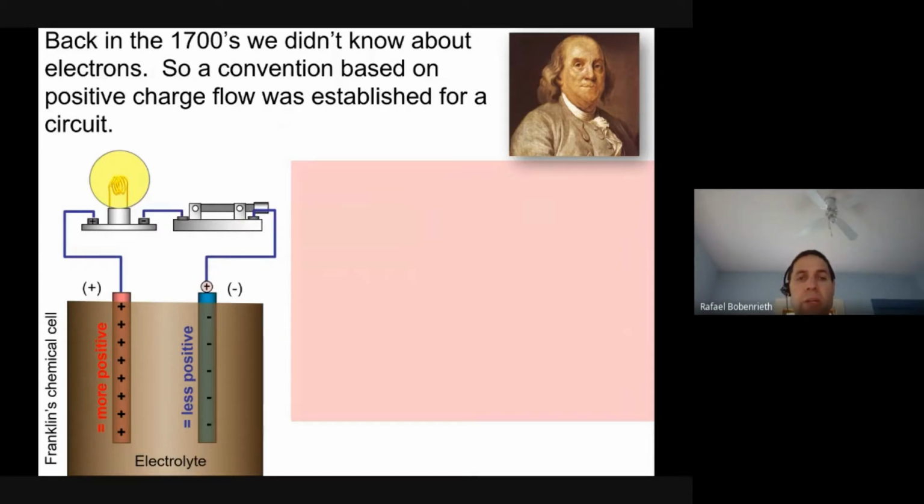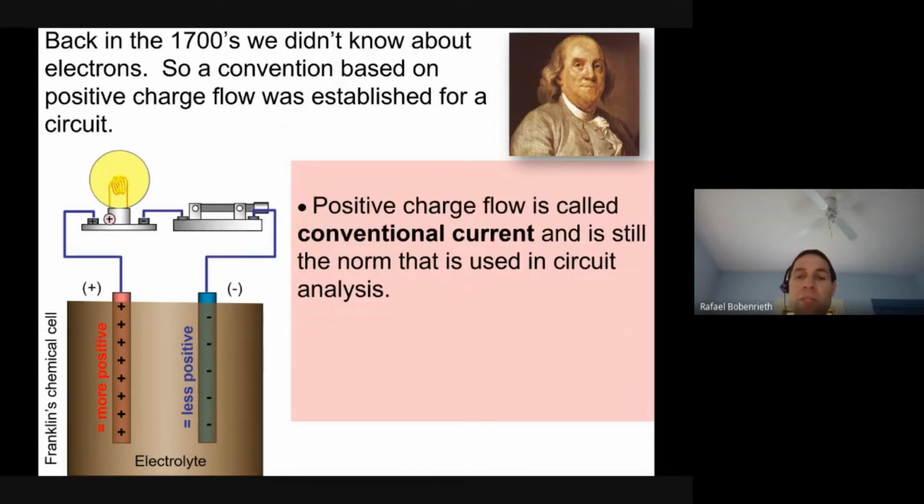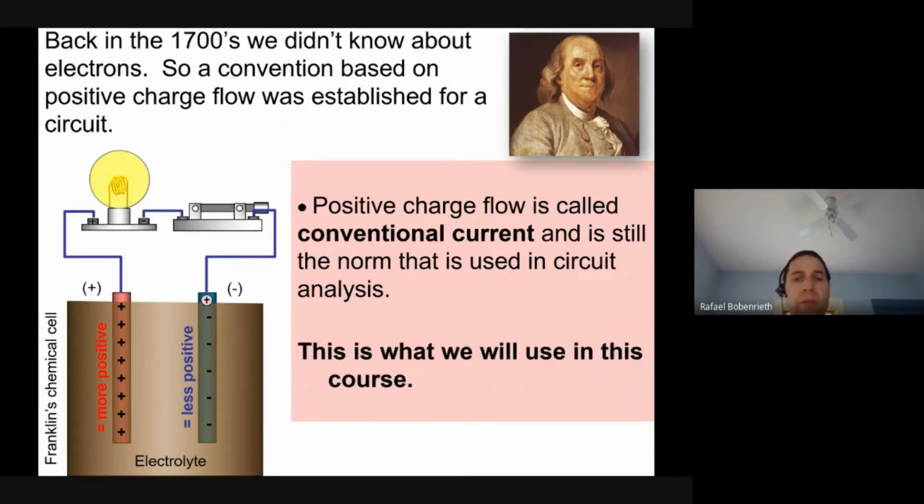And so notice this is the convention that was established then, and we actually still use that convention today. So whenever you hear scientists, physicists, anyone talk about conventional current flow, they're talking about the flow of positive charge, okay? And by the way, that's the convention we're going to use in this course.